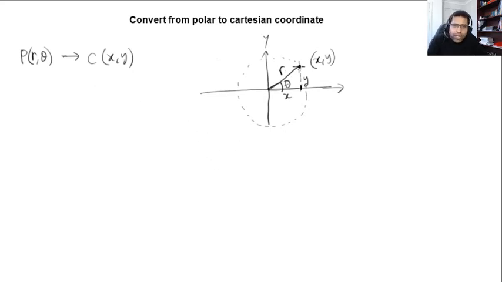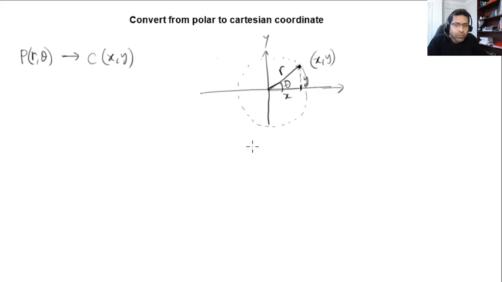If you look at this diagram here, you can easily make a relation between x, y, r and theta. Because we are given only r and theta, how do we find x, and how do we find y?